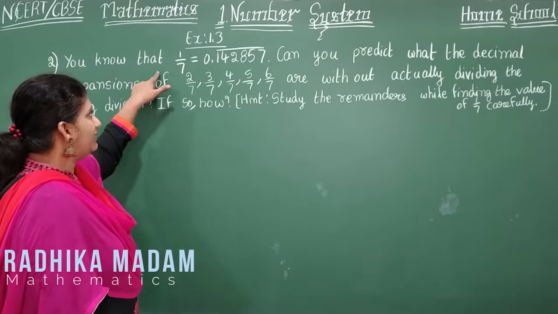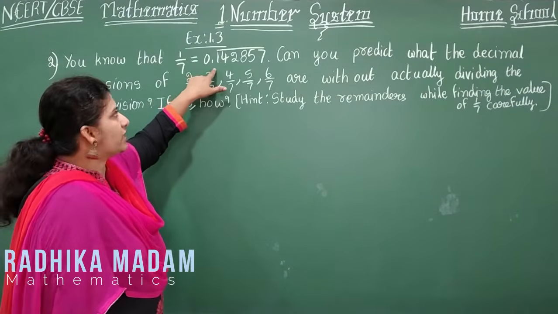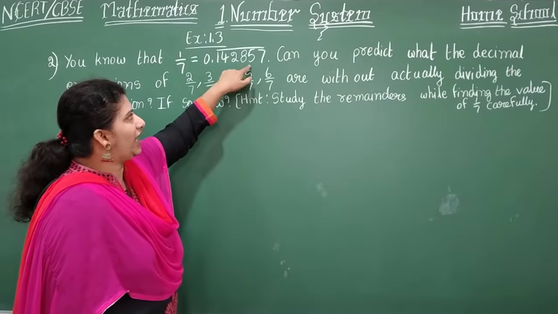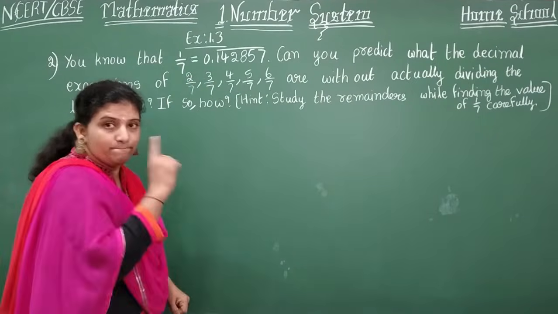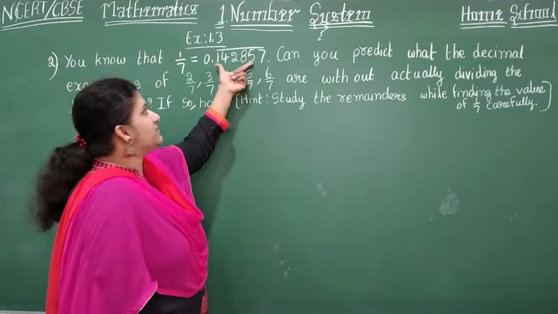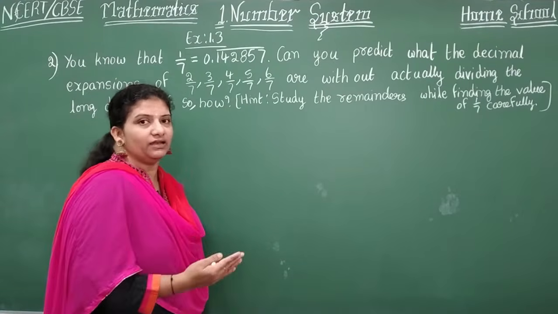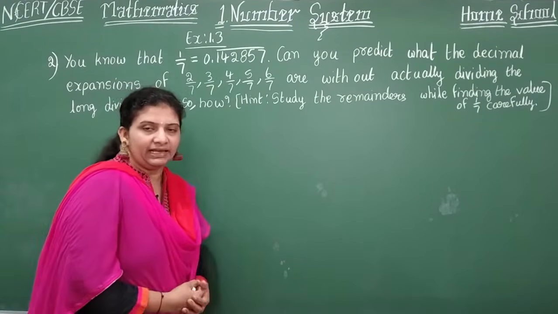You know that 1 by 7 is equal to 0.142857 bar. Children, what does this bar indicate? It means these digits are repeating again and again. What type of decimal is it?